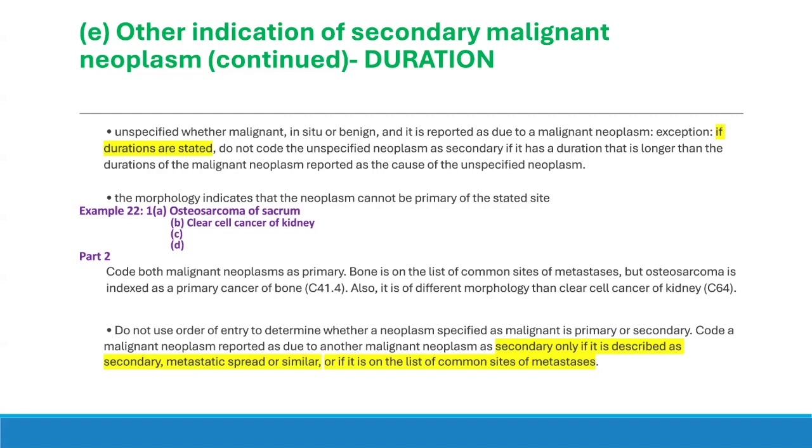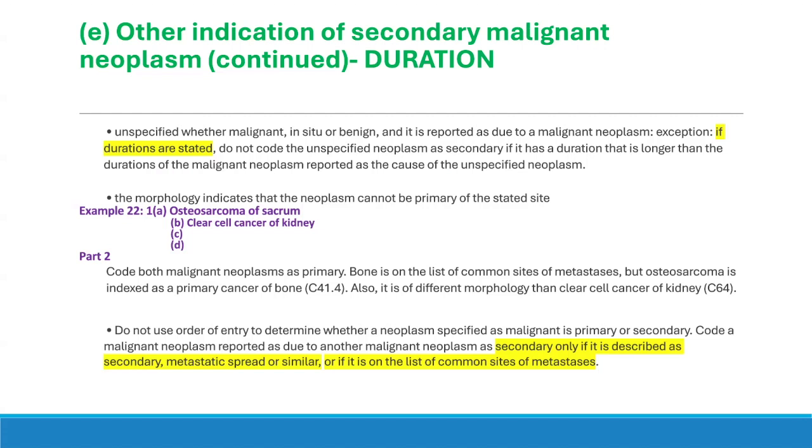The coding rules emphasize that the order of entry should not influence whether neoplasm is considered primary or secondary. Instead, it should be based on explicit description of the neoplasm as secondary or its presence on a list of common metastatic sites.